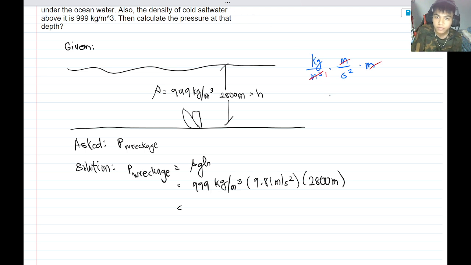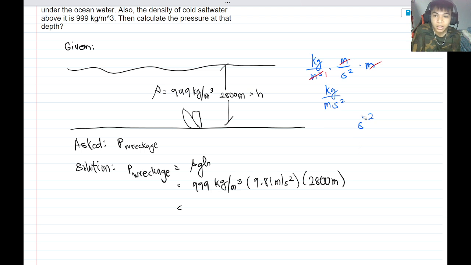So, we have the unit of kilogram per meter second squared. But we're not really familiar sa unit na to since yung ginagamit natin is Newton per square meter.